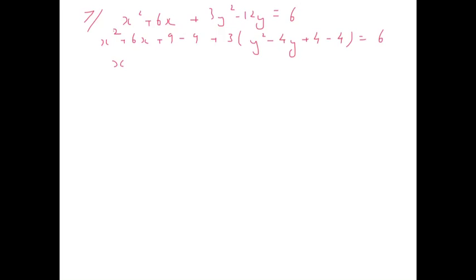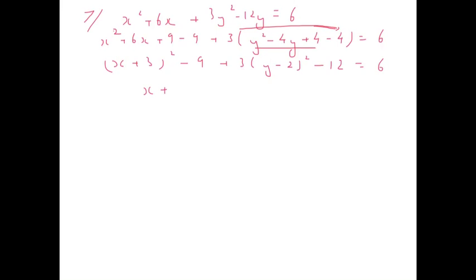That means we've got x plus 3 squared minus 9. Then we've got 3 y minus 2 all squared. That's the perfect square for these three. You're going to get a minus 12 hanging around because you've got the 3 times the negative 4. That equals 6.